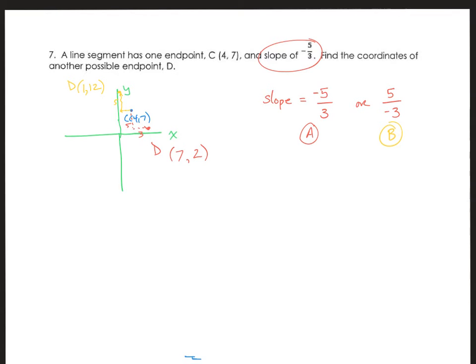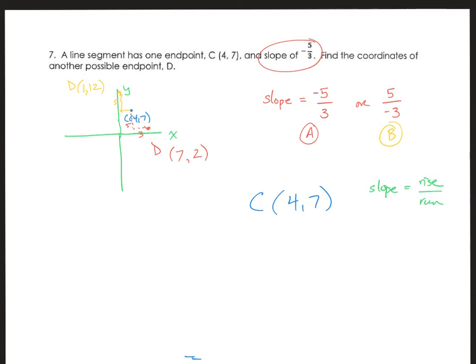We know from the previous problem you could have continued on, but those would have been the two solutions, or two of the most common solutions we would expect. Lastly, I just want to be very careful if we thought of this algebraically. If you have point C, which is at 4, 7, and we're moving according to a slope of negative 5/3, we just need to remember that my slope is my rise over my run.